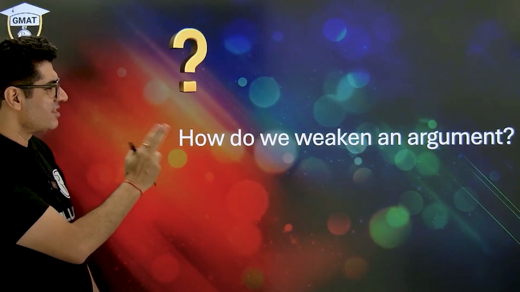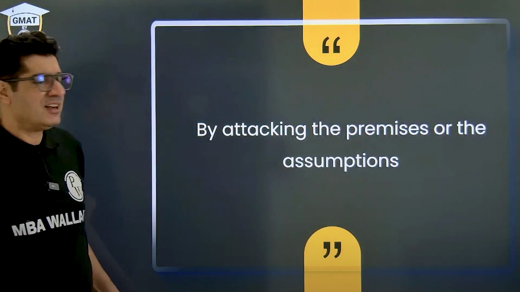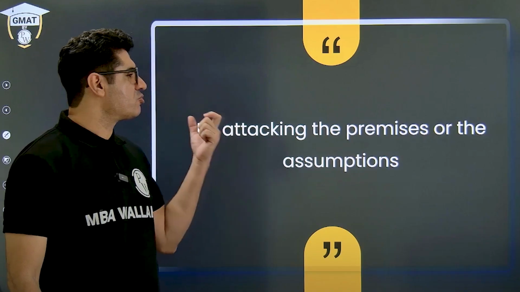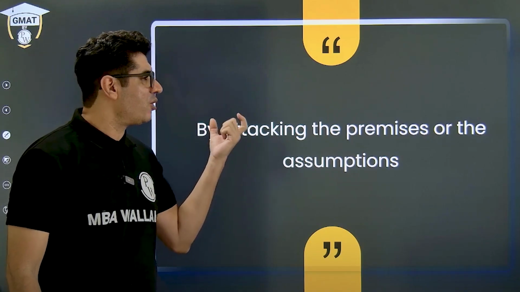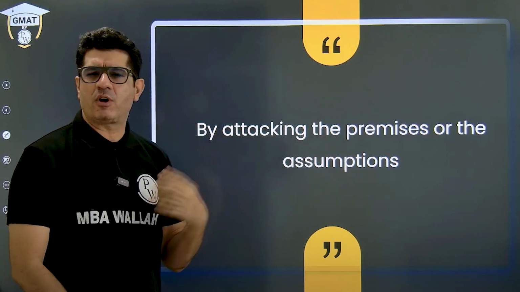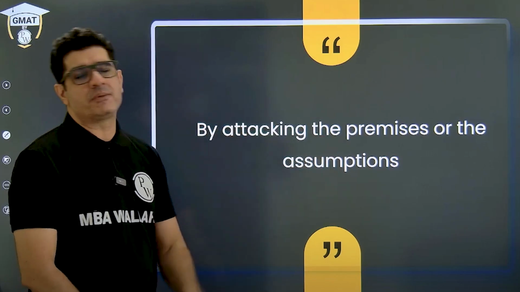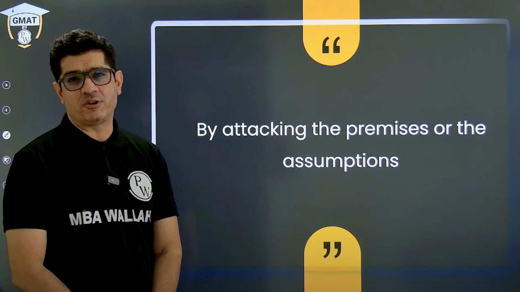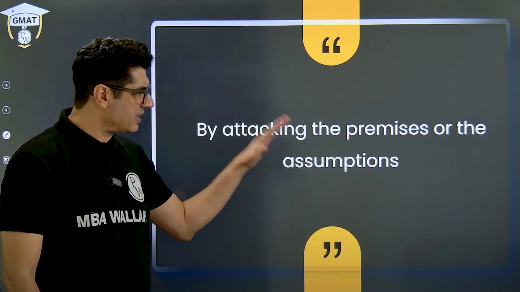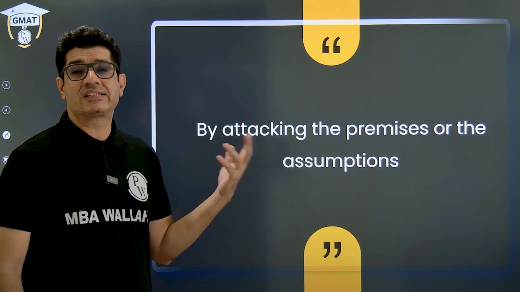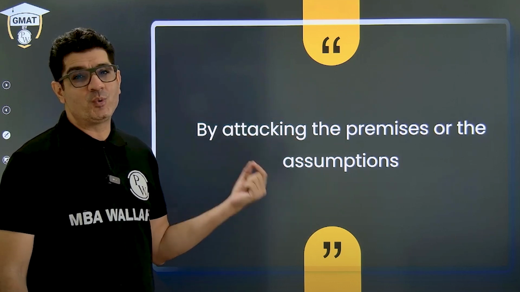Exactly this. That new piece of information should somehow attack the premises involved in that argument or the assumptions involved in that argument. So any answer choice that does that will successfully manage to weaken the conclusion.